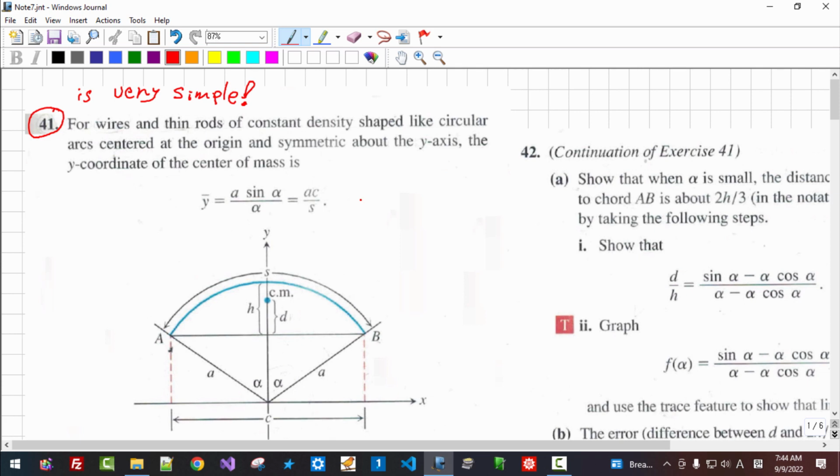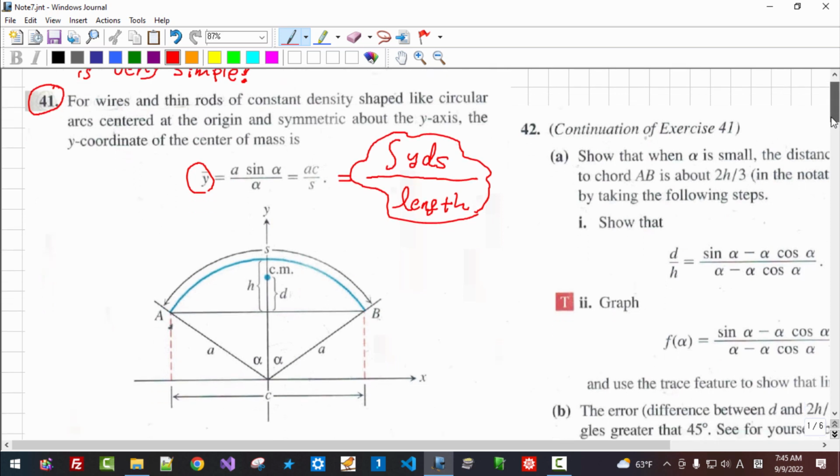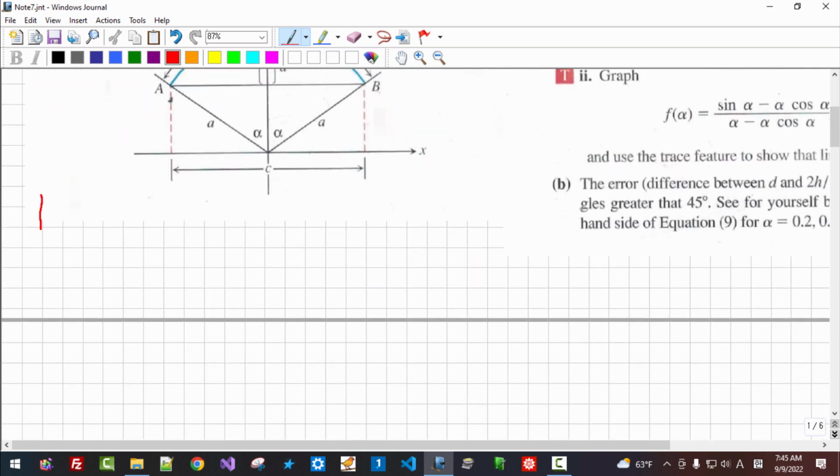In our previous episode, we learned y bar equals 1 over length times the integral of y ds. But to solve this formula, we need to understand one thing more. This is the coordinate system. This is unit length 1. This is angle alpha. Then this is pi over 2 minus alpha.